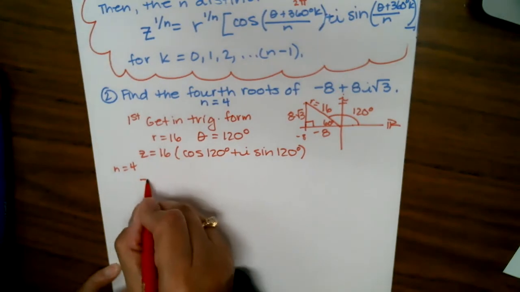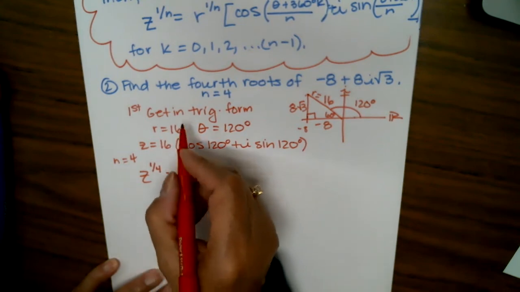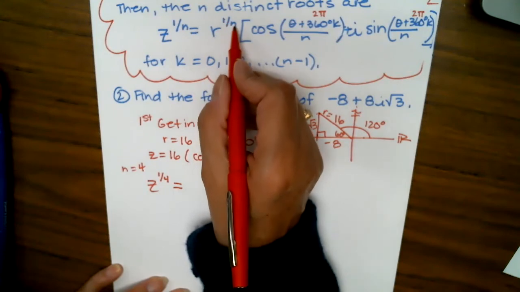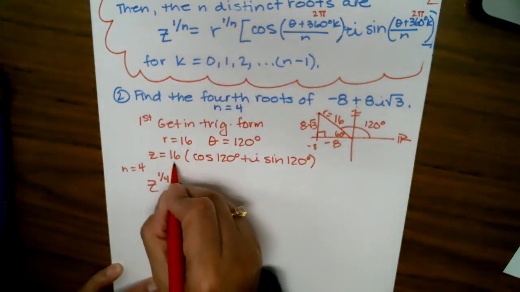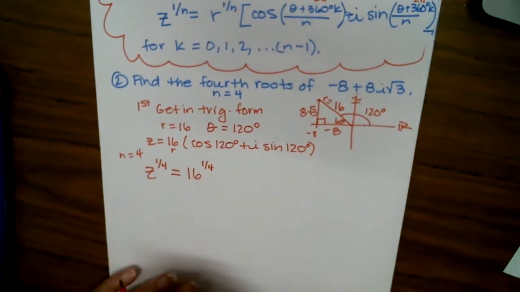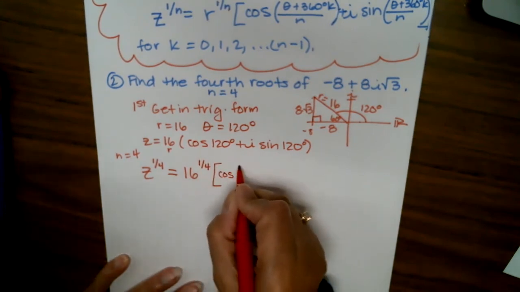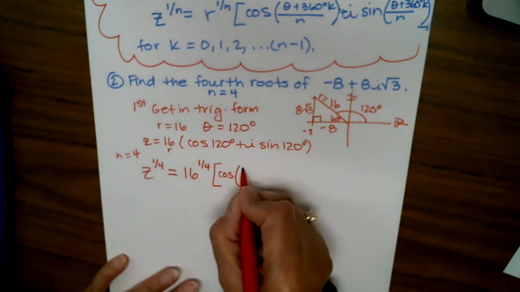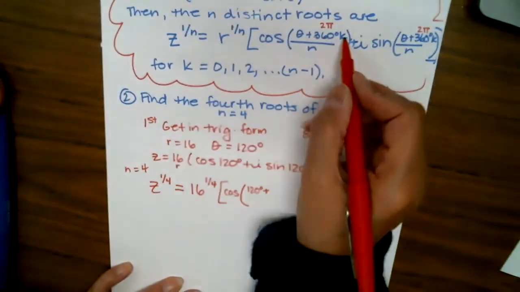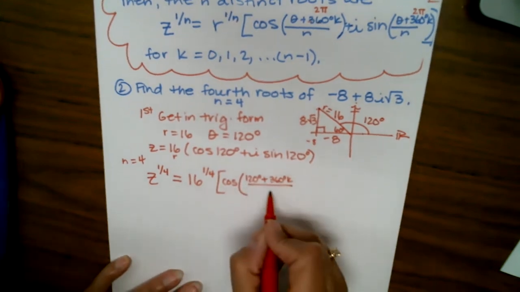So n equals 4. So let's see if we can do our pattern. So we want z to the 1/4. That's our fourth roots of this. According to this theorem, it's r to the 1/4. So r right there is 16. 16 to the 1/4, or the fourth root of 16, times the cosine of, what we do here is do 120 degrees plus 360k, all divided by n.